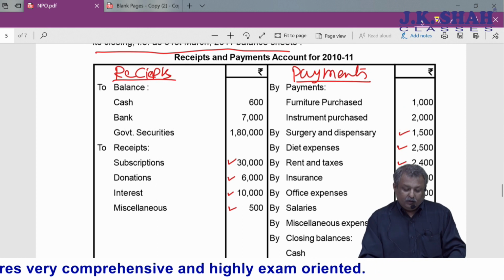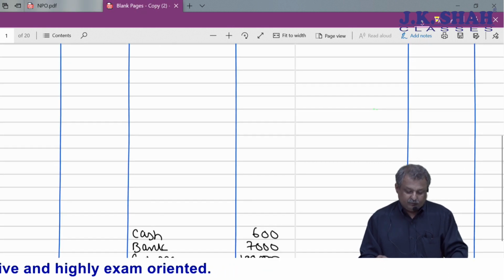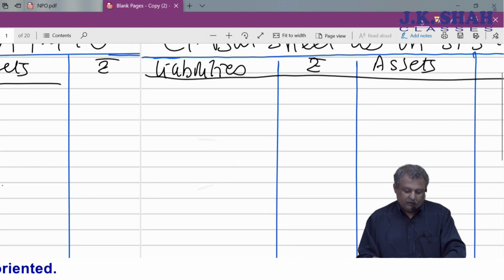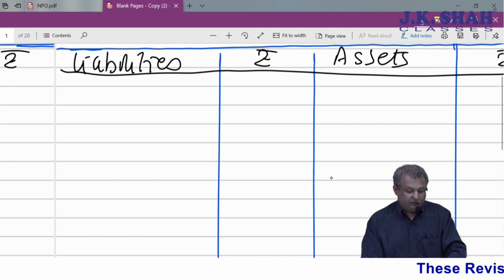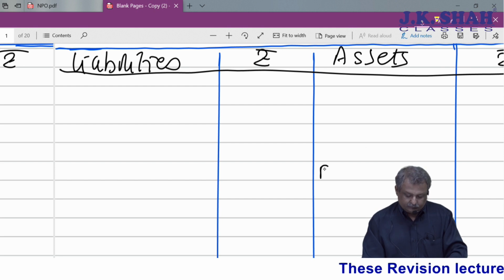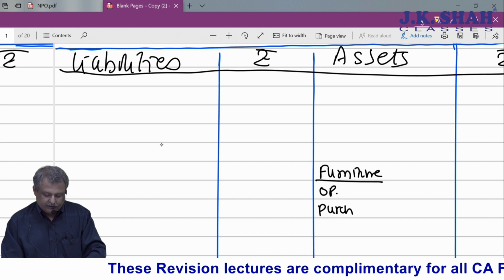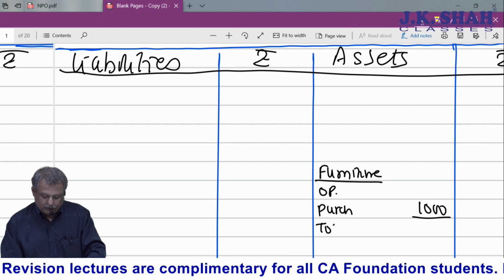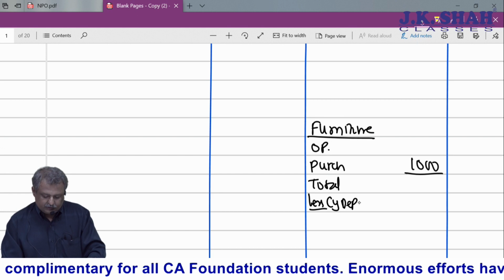Then similarly, on the payment side, furniture purchase, instruments purchased. Now, furniture purchase and instruments purchased will come in the closing balance sheet. But in the closing balance sheet we will leave around first 1, 2, 3, 4 lines and then write furniture. There will be some opening balance, then purchase will be 1000. Then we will get total, less current year depreciation.